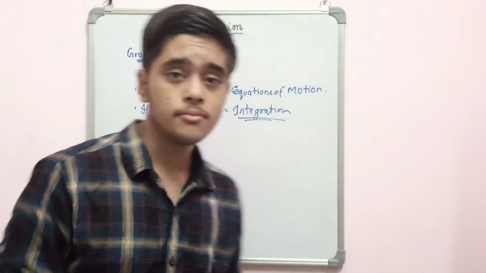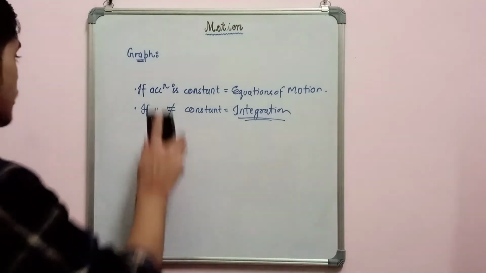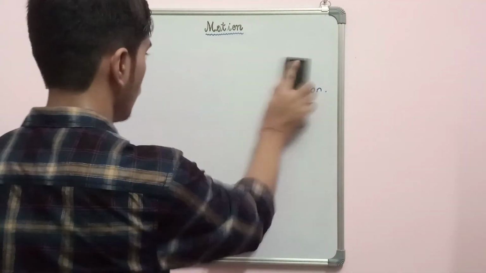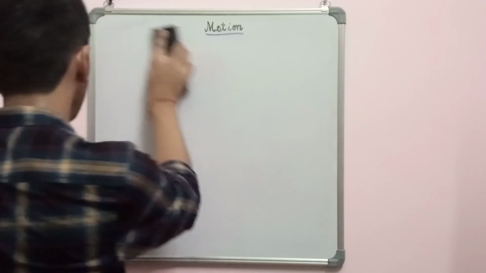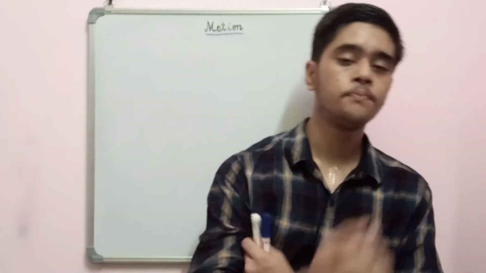Okay, so I am ending this class here only because I think this class has already been expanded. In the next video there will be a practice session, and along with that I will bring you DPQs for practicing. There will be 10 to 15 questions, and in the last video there were 14 or 15 questions on equations of motion.